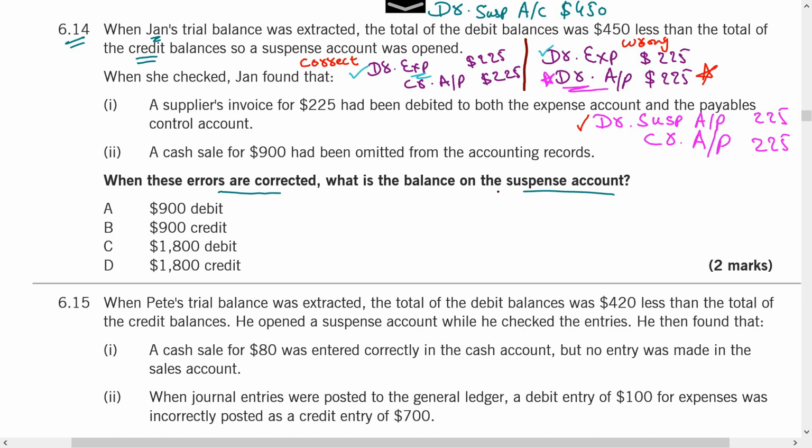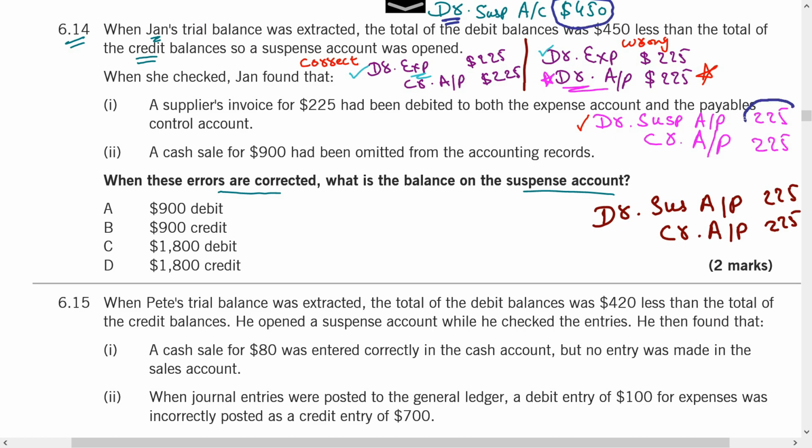So that means we are still required to credit our accounts payable by 225 so that our debit and credit sides can be equal. So again, we will pass this same entry, debit suspense account and credit accounts payable by 225. Now here you can see we have this 450 debit balance on our suspense account.